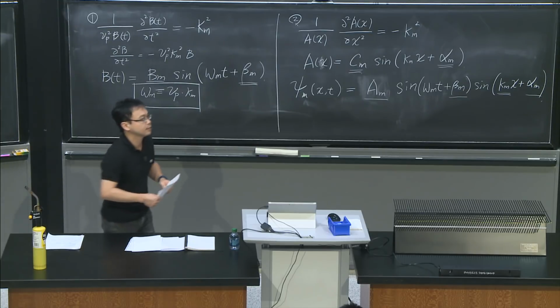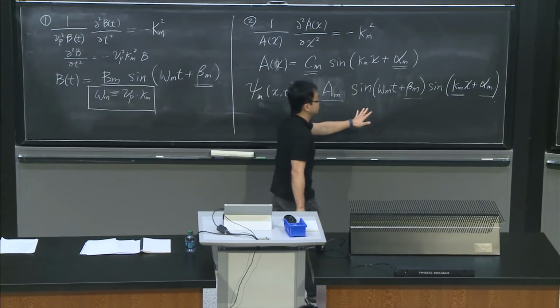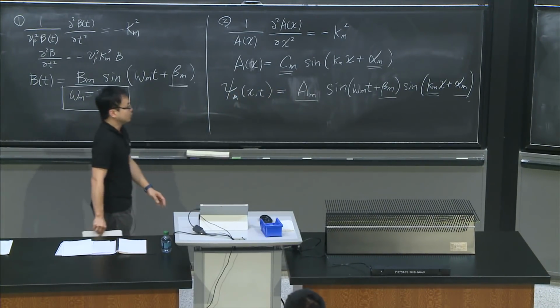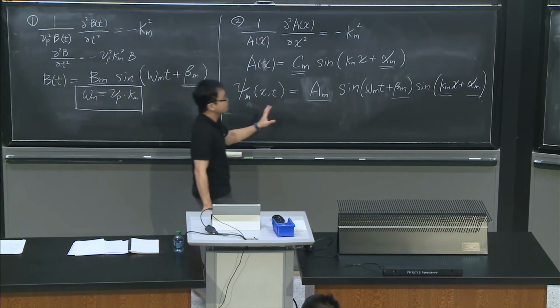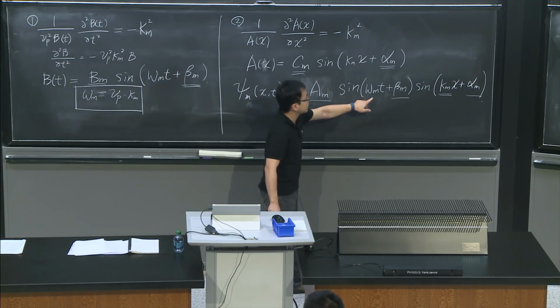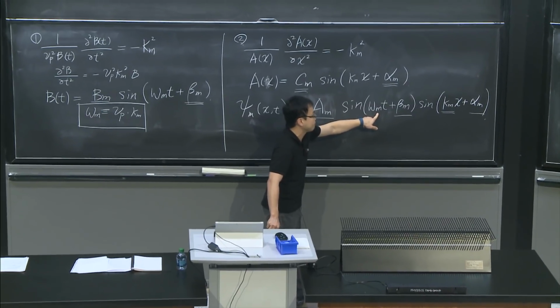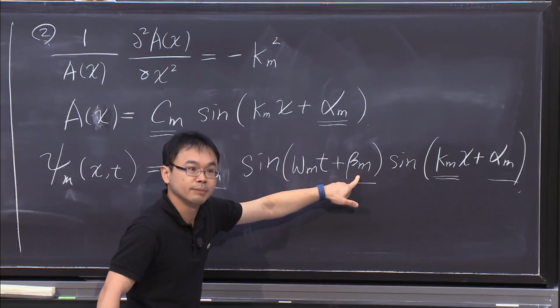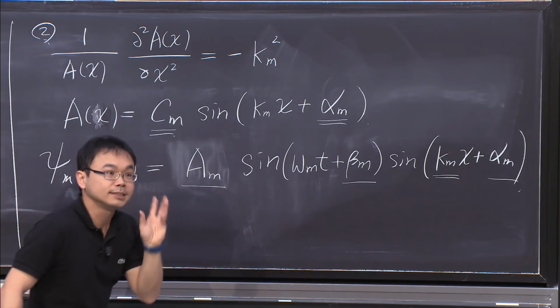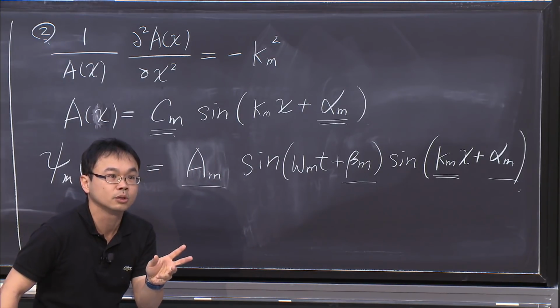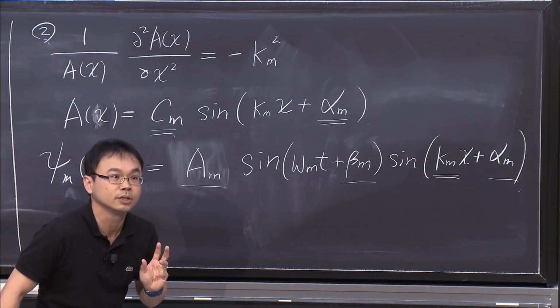Okay, so let's take a look at the structure of this function. So basically, as I mentioned before, everything is oscillating at the frequency omega n and with a phase beta n. So that satisfies the condition of a normal mode, right? What is the condition?